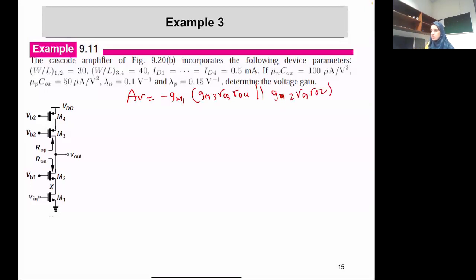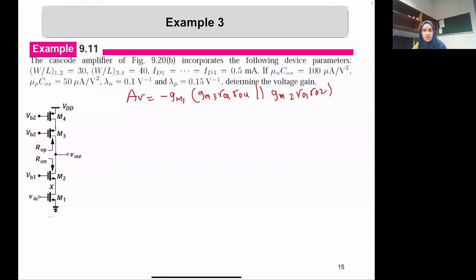Now, when the question asks you about the transistors, you need to find the currents and all the things that are missing. If the question was asking for a design, you would usually need to find the size of the transistor, but here the question is asking to determine the voltage gain of the amplifier.